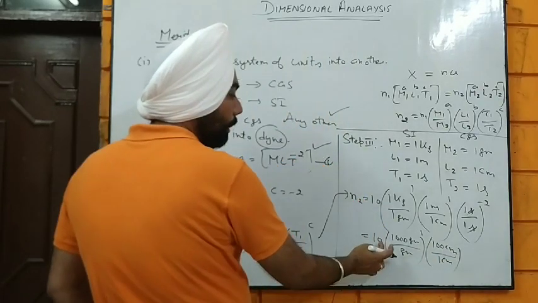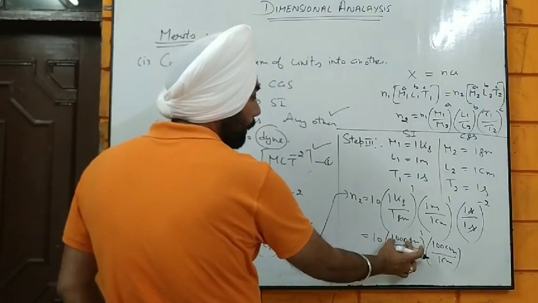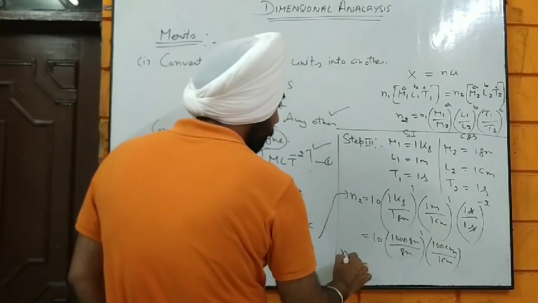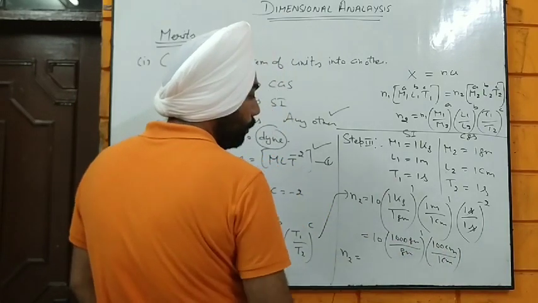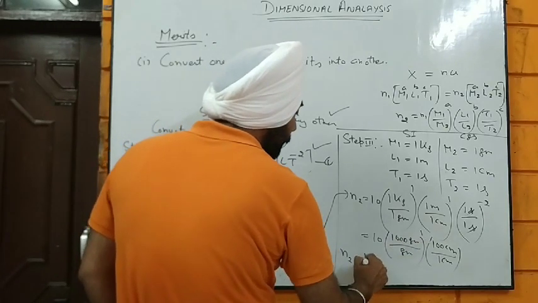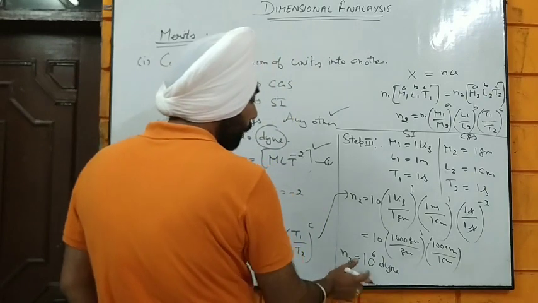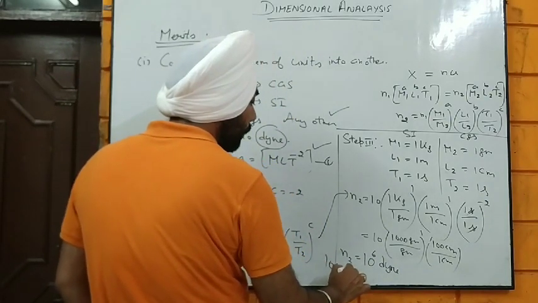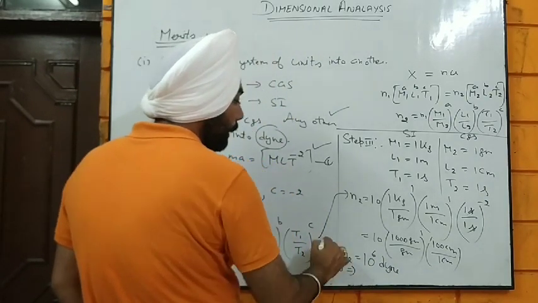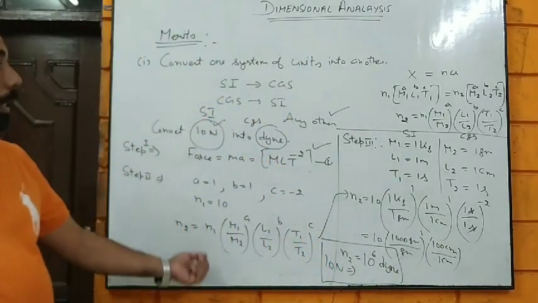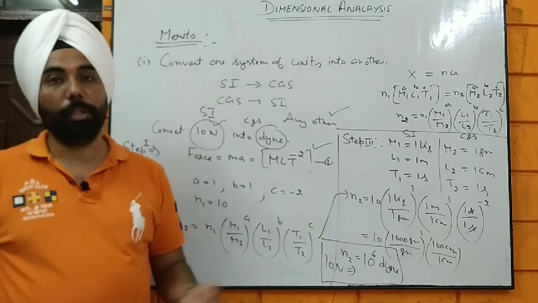Now just calculating the powers of 10: that is 3 zeros here, 2 zeros here and 1 zero here. So therefore N2 is equal to 10 raised to power 6 dyne, which means you can say 10 Newton is equal to 10 raised to power 6 dyne. That's how we can calculate these units from one system into another.